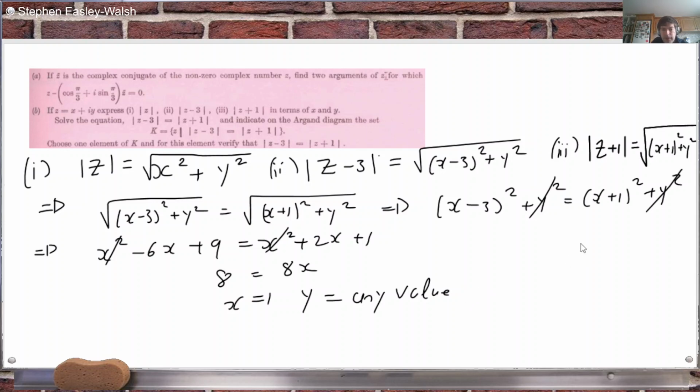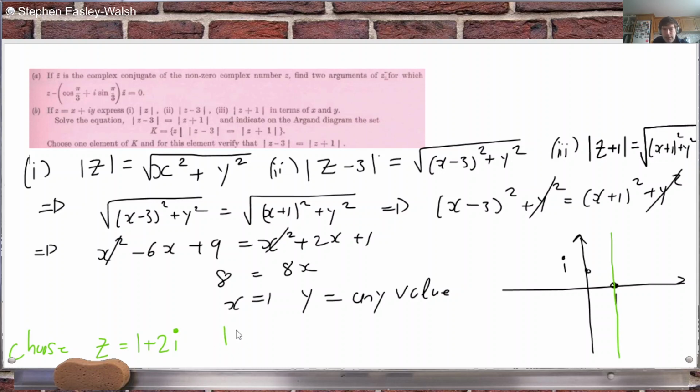So if we just mark off here 1 and i, the solution is this line here. And then we want to choose an element. So we'll choose, for testing, z equals, let's say, 1 plus 2i.